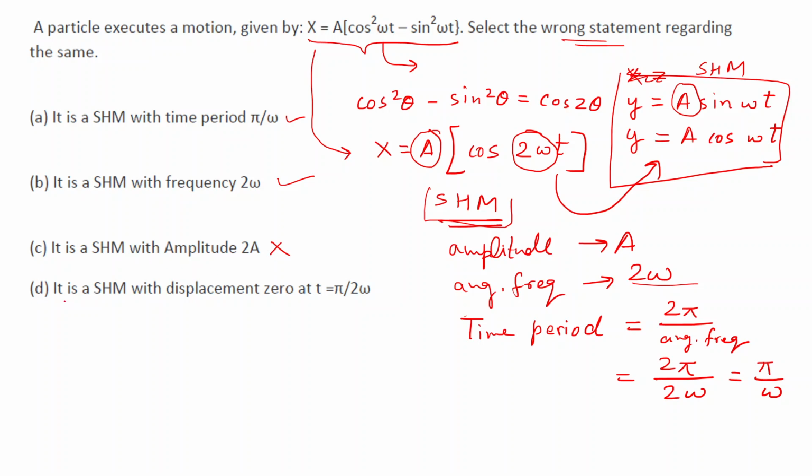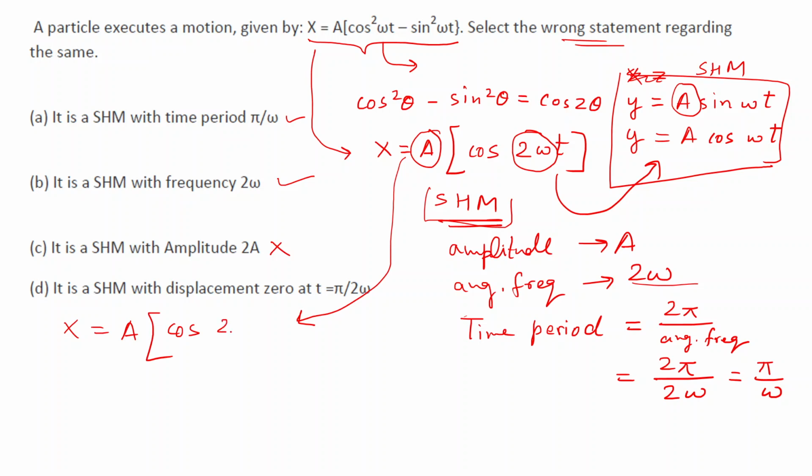The last sentence is, it is a simple harmonic motion with displacement 0 at t equal to pi by 2 omega. Now we'll see what is the displacement when the time is pi by 2 omega. So this is the equation we have. We'll insert the value t equal to pi by 2 omega.